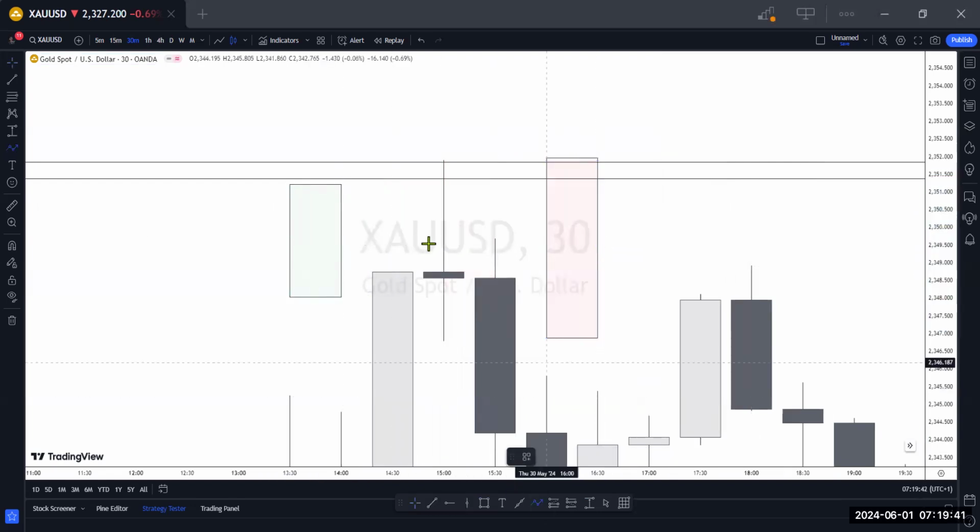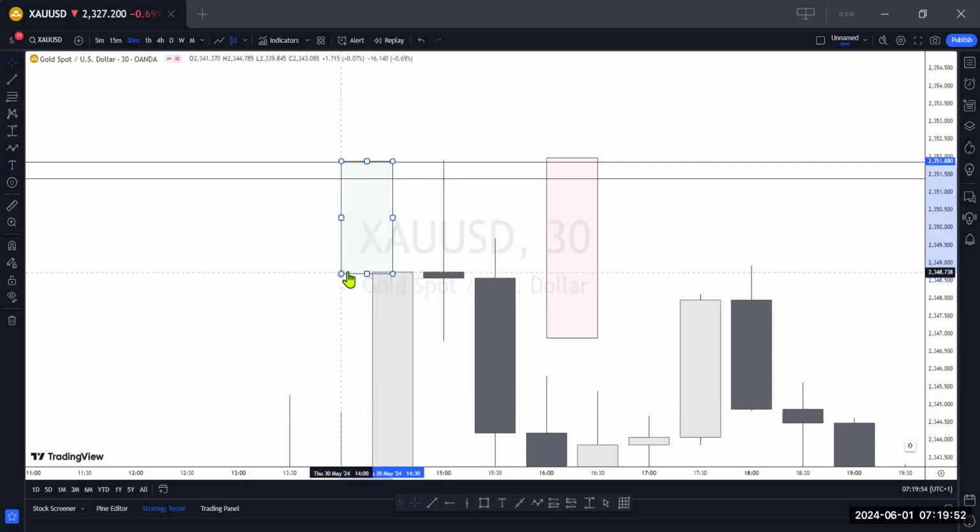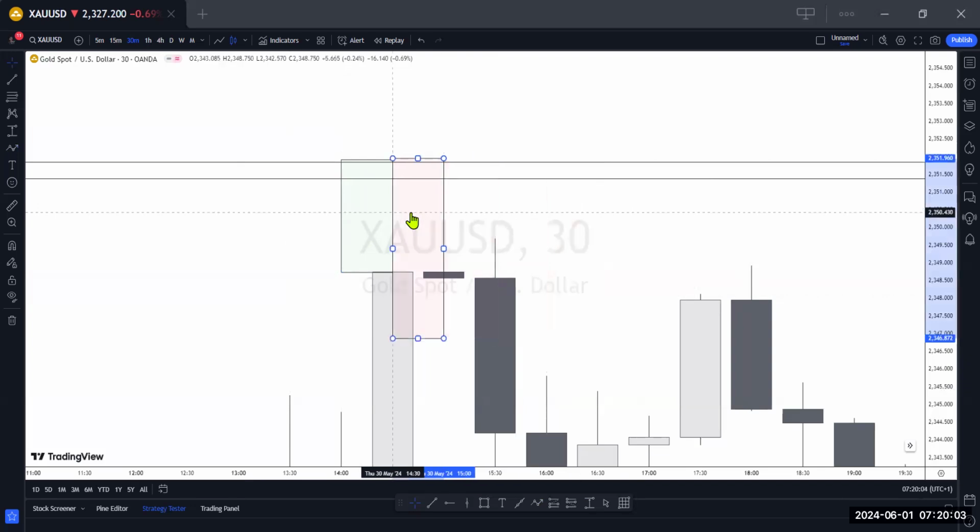All right, so let's do the anatomy of this particular candlestick. You have the opening price: price opened at this level, right? That was the opening price. And then price went super high, and sellers started to drive price lower.